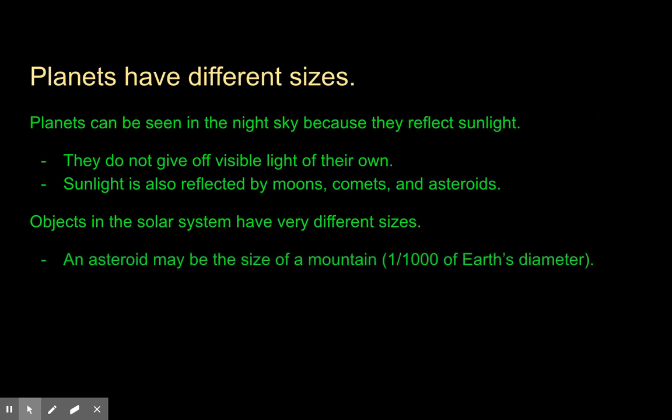An asteroid that is in a particular region of the solar system, in a particular cosmic neighborhood, might be the size of a mountain, which might be about 1/1000th of Earth's diameter. Some planets, on the other hand, out there are 10 times the diameter of the Earth, maybe even larger.